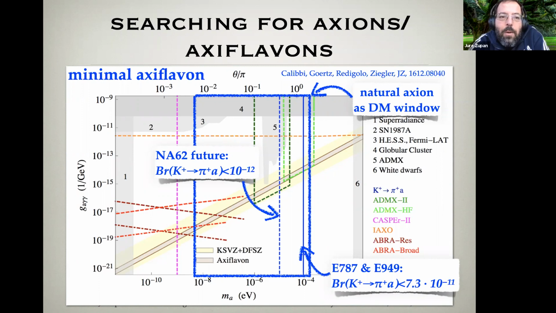The off-diagonal ones, yes, this was definitely somehow there. I guess the history people know much better than I do, but my understanding is that K to pi A was the first killer of the original axion, the weak scale axion.